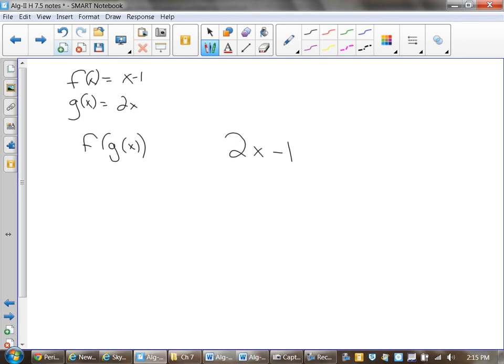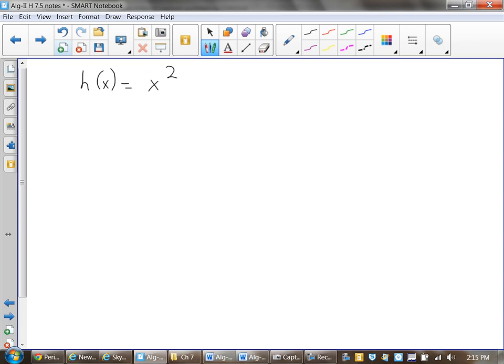For number 3. Yes. Thank you. And number 3 and 4 on here, you've got h of x is x squared plus 4x. g of x is x minus 5. And they're asking you what h minus g of negative 5 is. This is kind of a weird thing, and I don't believe we ever set one up with that kind of nomenclature.